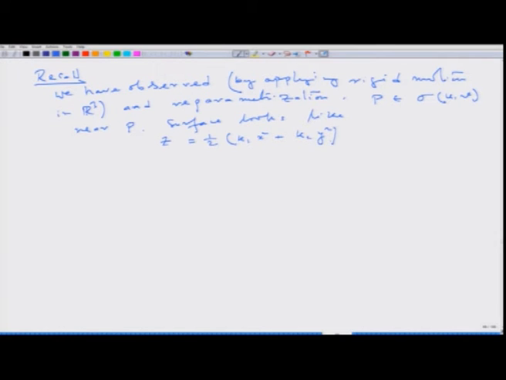So, it looks like a quadratic surface, where k1 and k2 are the principal curvatures. See, here we make a definition and then we make some observation.